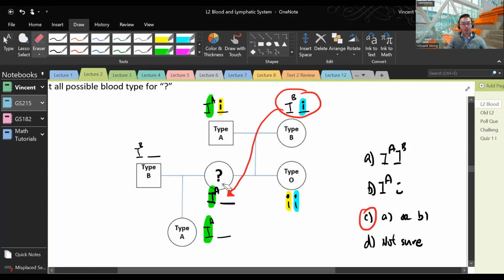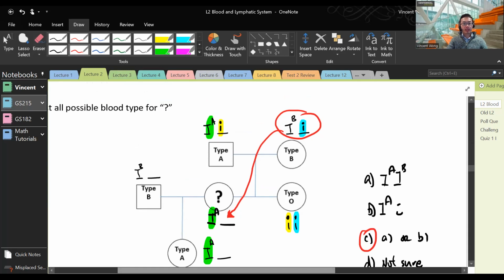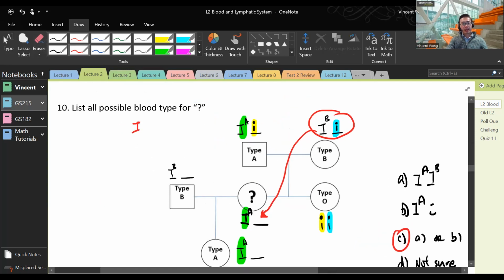In other words, what kind of allele is in this location is irrelevant based on the information we are given. Whether she's AB or just A, we really don't know. So the question says list all possible blood types, which would be IAIB or IA small i.